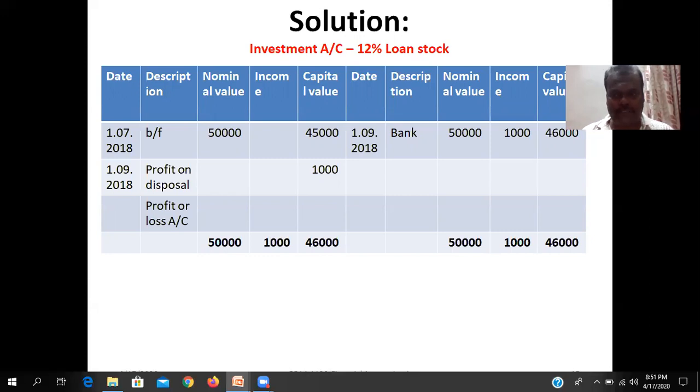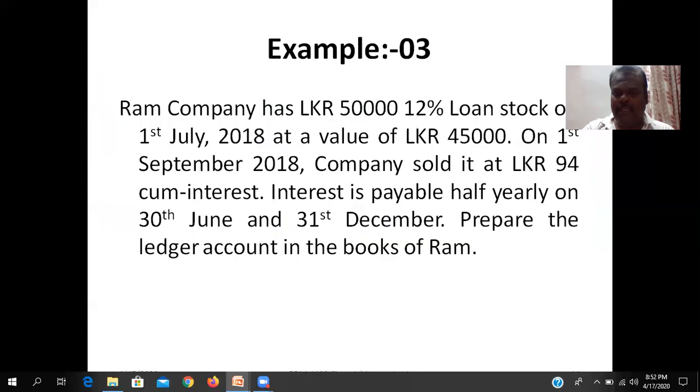So it is cum interest. If it is cum interest, the pre-period interest should be adjusted and that amount of interest should be reduced from the capital value. But if it is sold on 1st September, what is the previous date of interest calculation? That is 30th June 2018.